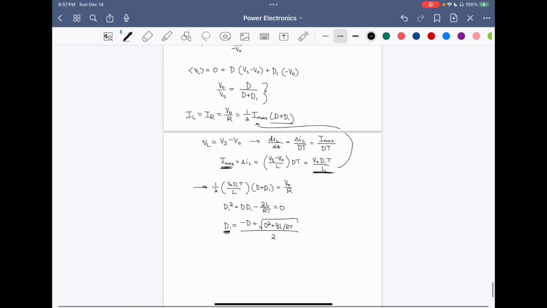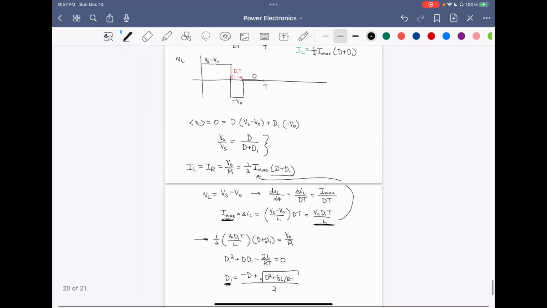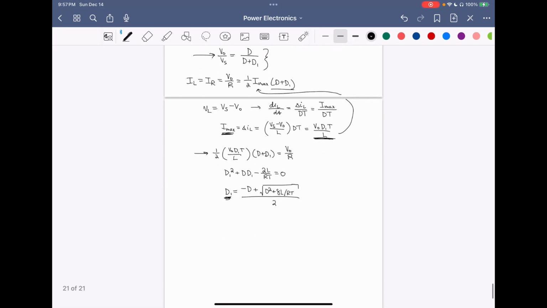Now, if we want to find the expression for the conversion ratio V out over the source voltage, we can just plug in D1 for this value here. So we get Vo over Vs equals D over D plus D1.